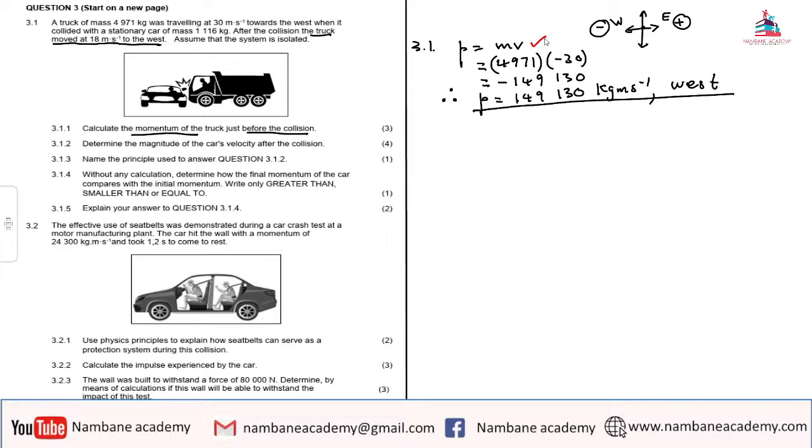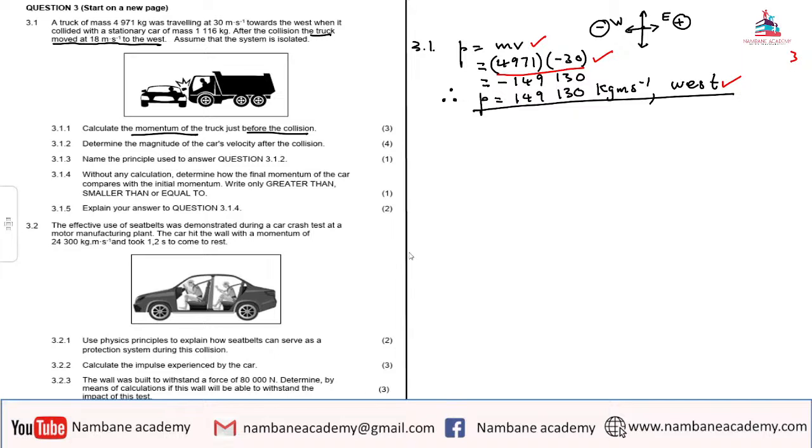So 1 mark for the formula, 1 mark for the substitution, 1 mark for the correct answer with the correct SI unit, as well as the correct direction. That is only when we can give you your full marks that you desire. So critical information: SI unit, and choice of direction, especially when we work with vector quantities.